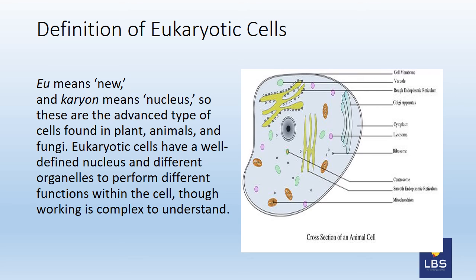All of these are things that we already know about. So what does eu mean? Eu means new, and karyon means nucleus. These are the advanced type of cells found in plants, animals, and fungi. Eukaryotic cells have a well-defined nucleus and different organelles to perform different functions within the cell.